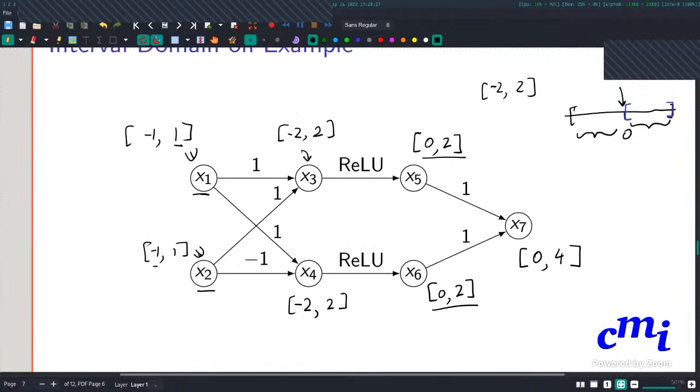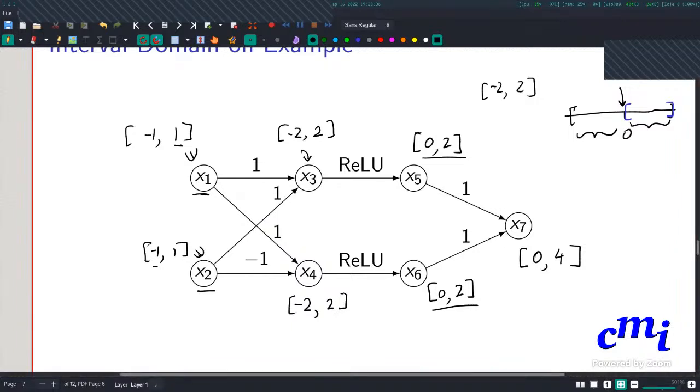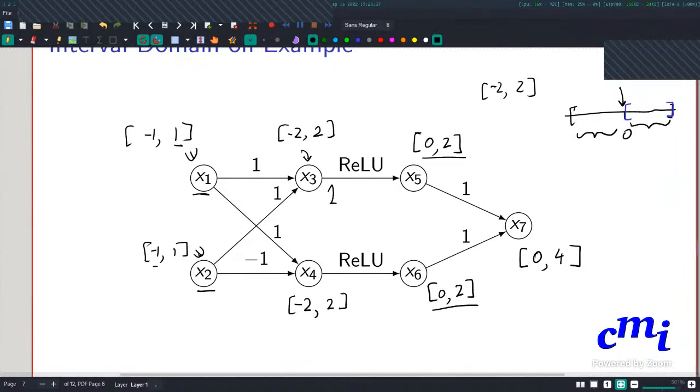One other point is that in this case also, -2 to 2 includes certain values that are not permissible. I don't know if maybe in this case it does. In general, certainly, it may include them when you propagate these things. 1 over here, for example, is possible.